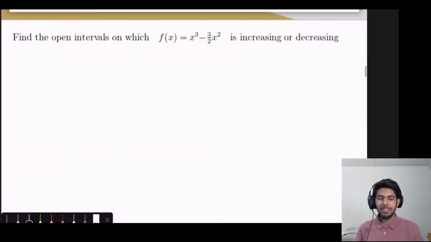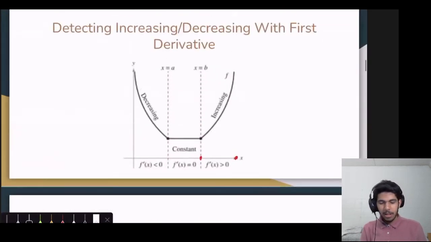Okay, so now we are tasked with finding the open intervals on which f of x equals that is increasing or decreasing. So, how do we do this? Well, I'm not really sure. I'm joking, obviously.